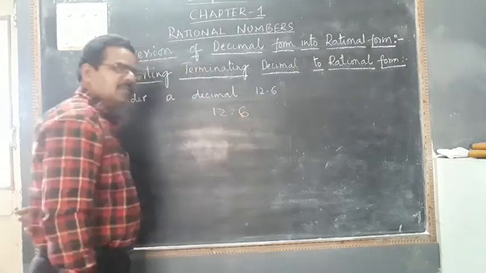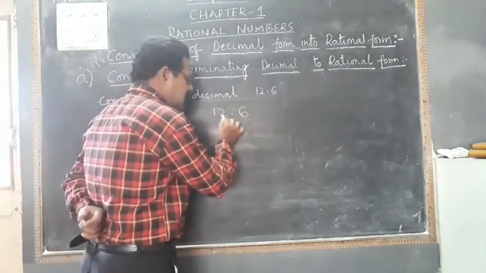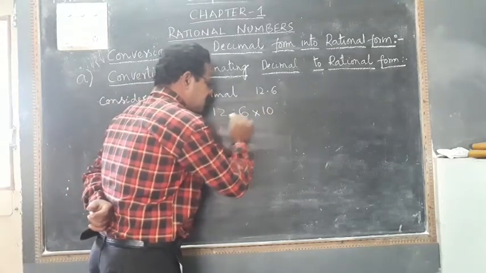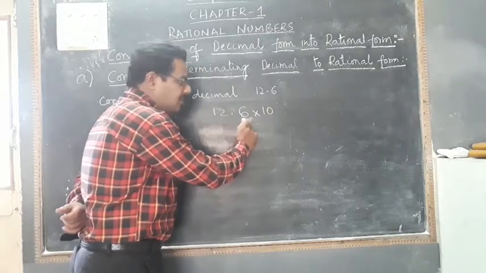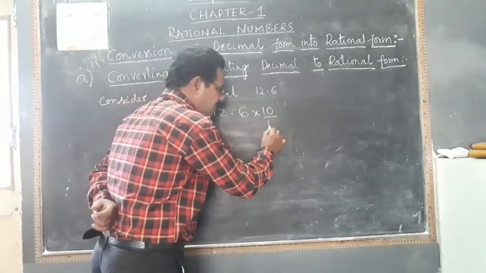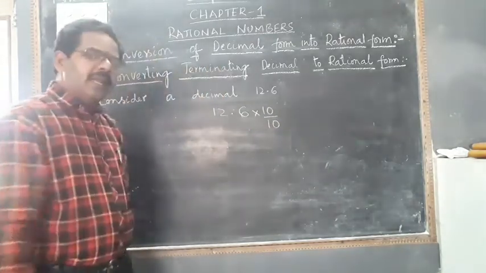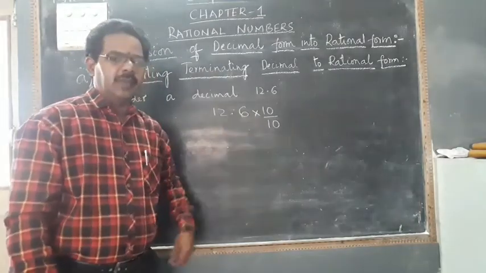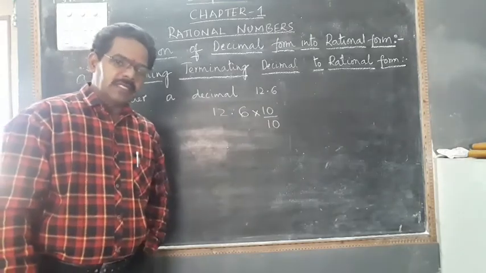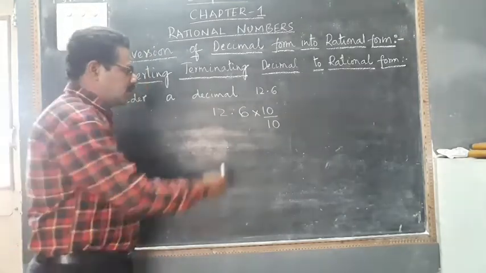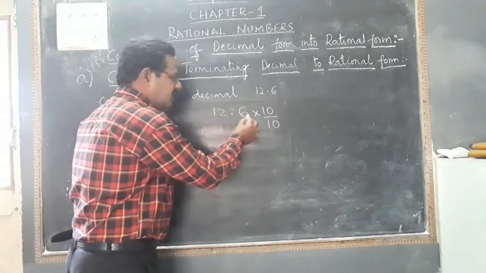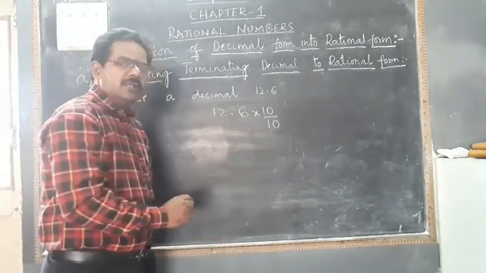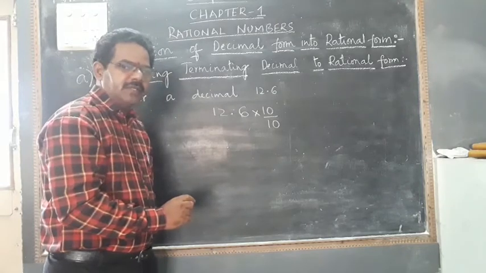So 12.6 can be multiplied and divided with 10. If you multiply and divide with the same number, you cannot get any change in the given number, whether it is a rational number or decimal number. Here we have taken a decimal number. After the decimal point we have only one digit, so we multiply and divide with 10.